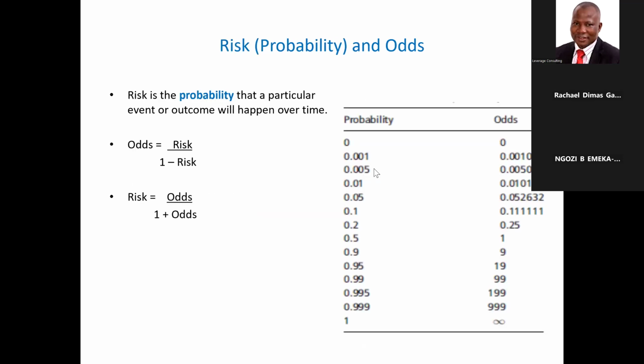Now, this I've shown you before, the relationship between risk and odds. Odds is risk over 1 minus risk. Risk is the same thing as probability, so it is probability over 1 minus probability. Risk is odds over 1 plus odds. So if you calculate probability and then the corresponding odds, you will see that probability ranges from 0 to 1, while odds range from 0 to infinity.